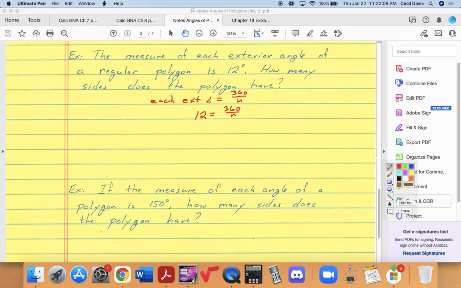How do I solve that? Multiply both sides by n to get rid of the fraction. Then I have 12n is 360. Divide by 12, and I get that there are 30 sides.